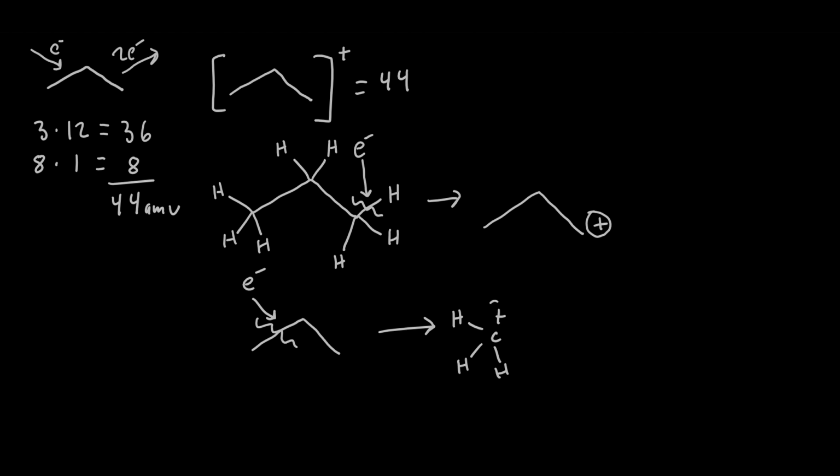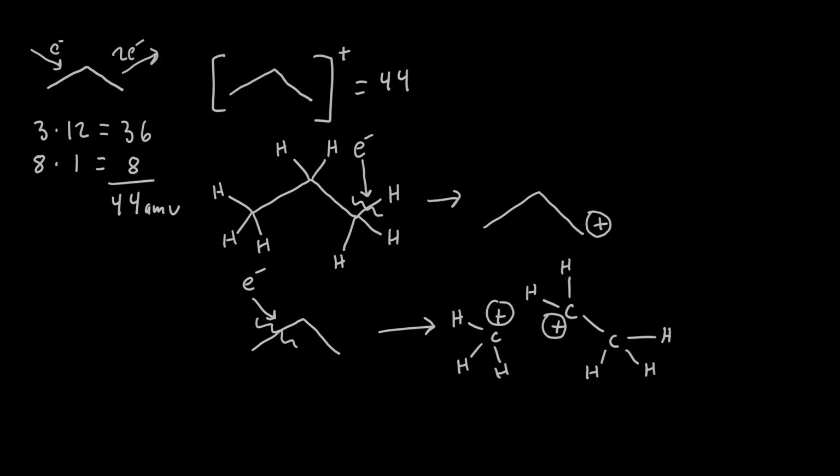And then we would also have an ethane, but one of our sides would only have 2 hydrogens on it and then a positive charge. So since both of these are positive charges, they would still show up in our detector.